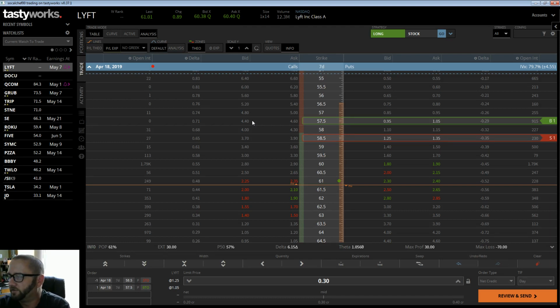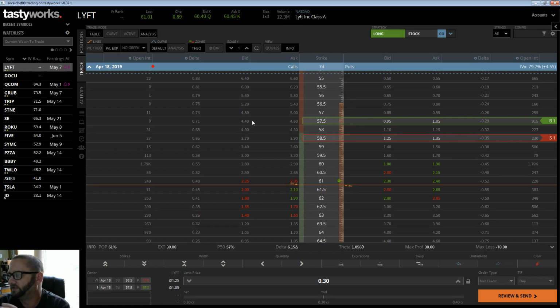The further away you go, the more your probability increases, but the less you're going to take in. And if you're trading anywhere but Tastyworks, odds are you're paying a base fee and a contract fee. It's not going to do you any good to collect 20 cents, because you're already paying 5, 10 plus a couple of bucks, so you're only going to make half of whatever you collect.